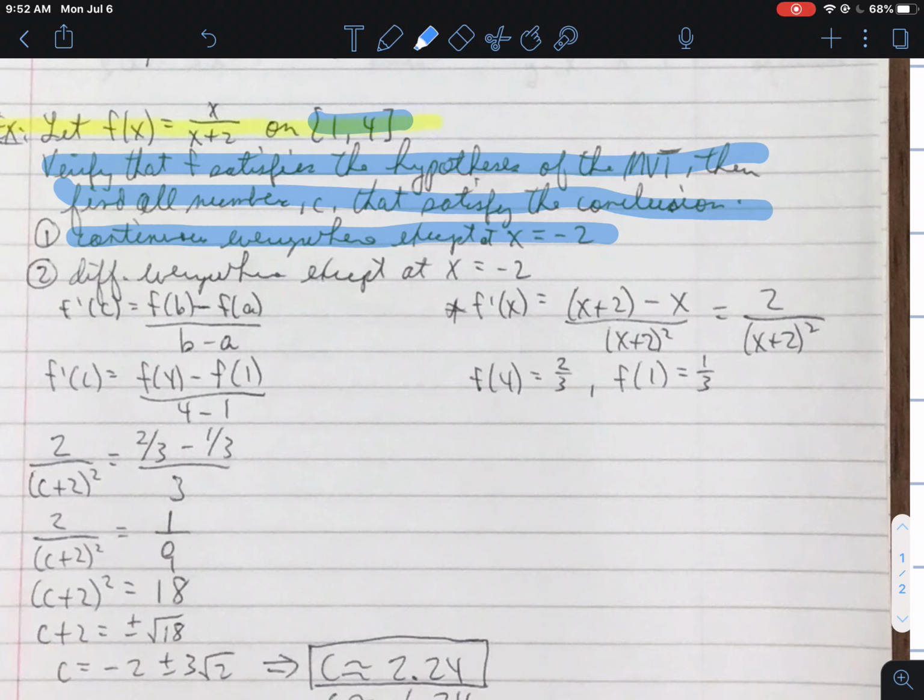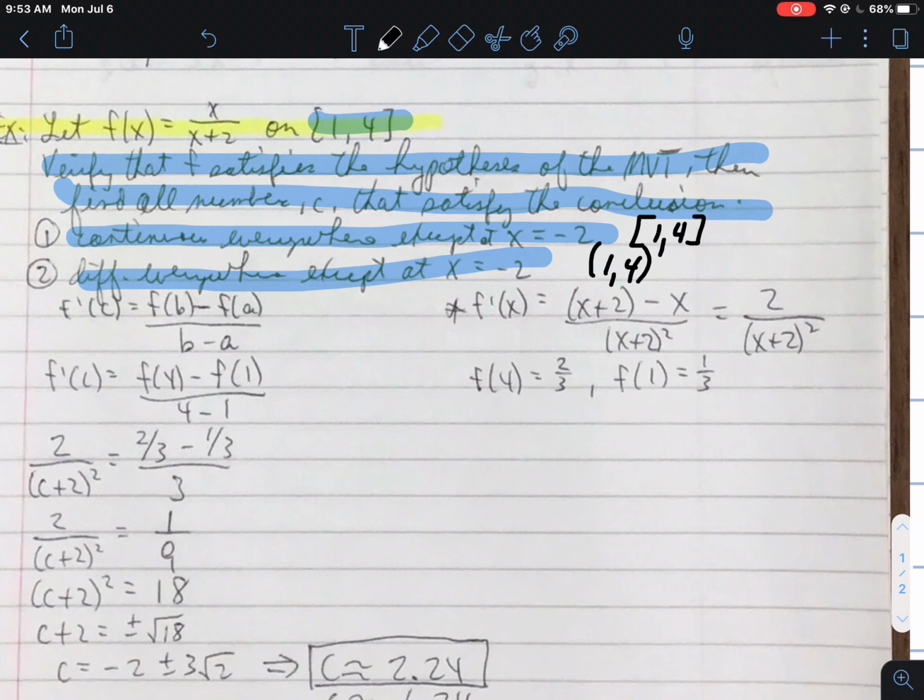So I'll be more specific here: this function is continuous on the closed interval from 1 to 4. And we know the function is differentiable everywhere except at x equals -2, so this function is differentiable on the open interval from 1 to 4.